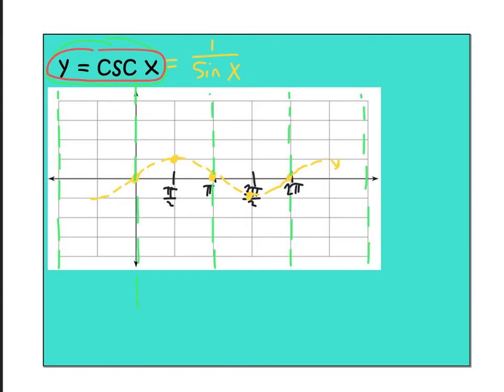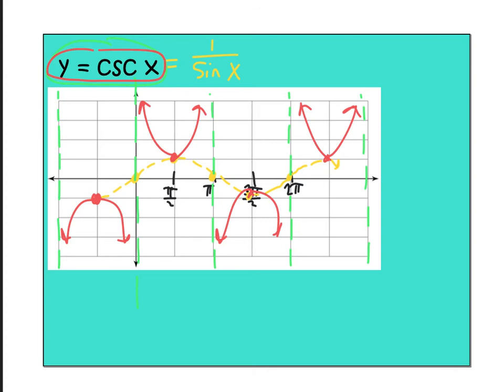It's going to be those up and down little U parabola looking things, and they're just going to start at the mins and maxes of the sine graph. Again, we're not expecting perfection graphing these by hand. Just keep them within the asymptotes, keep the mins and maxes where the mins and maxes of sine would be, and that's kind of it.